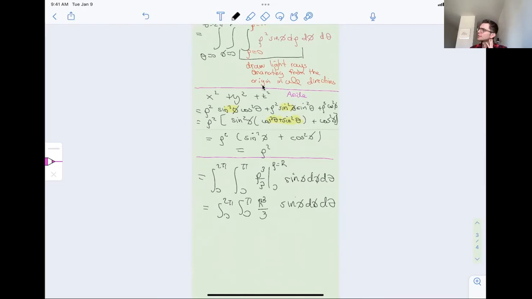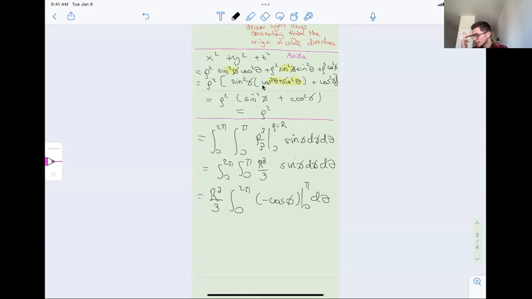And then what's the integral of sine? That's negative cosine, right? So you get r cubed over 3, the integral from 0 to 2 pi of negative cosine of phi. And so what do you get when you evaluate it? You get 2. So you get 2r cubed over 3, 0 to 2 pi of d theta.